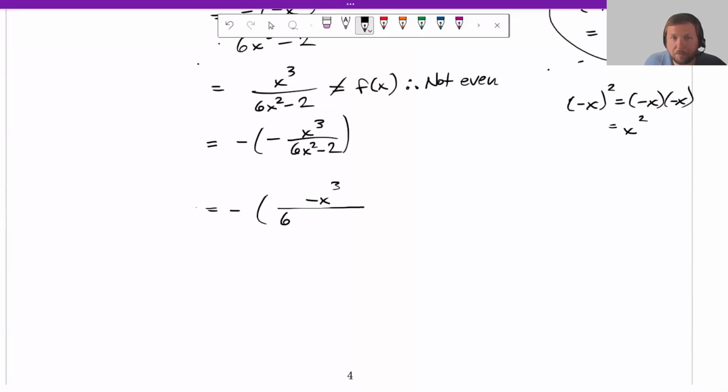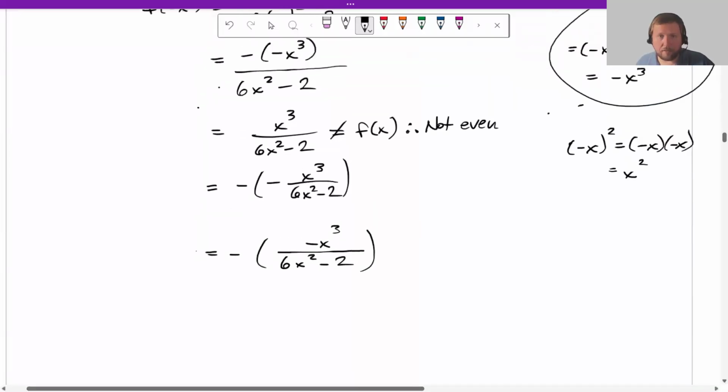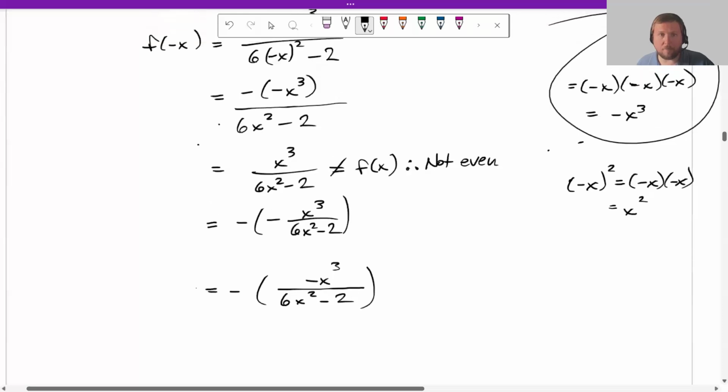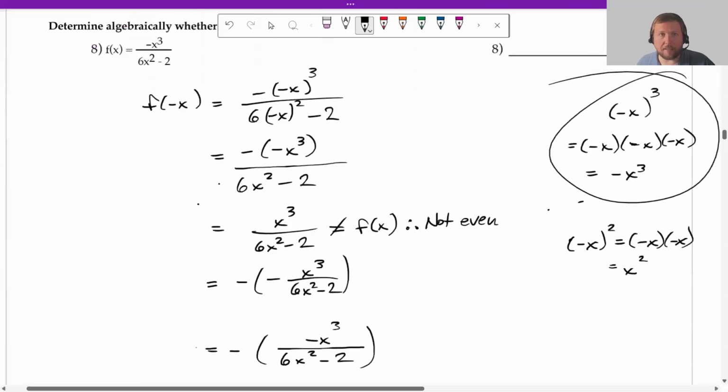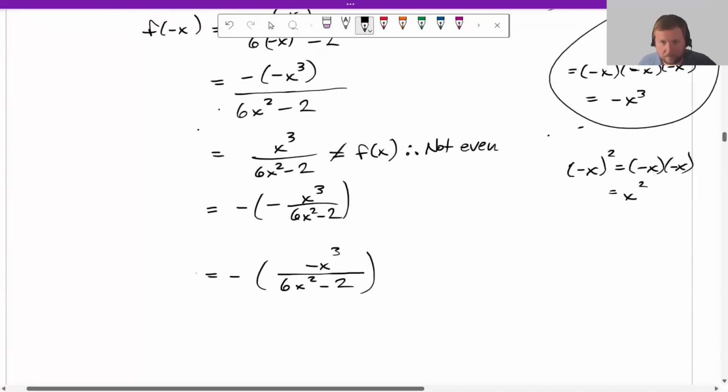We can back that up with work if we want, or we can just say I have taken enough of the required prerequisites that I see what he did there. And now I have a negative, and then in parentheses, we can see that that's the original function.